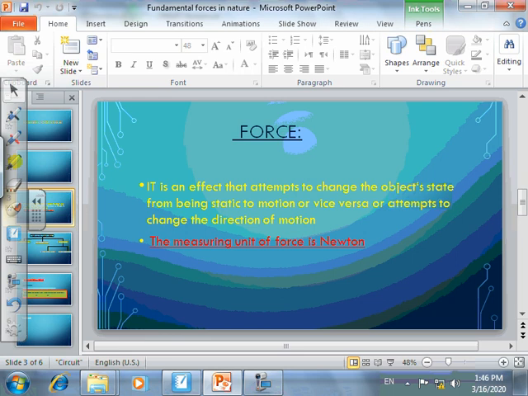Force is an effect that tends to change the object's state.